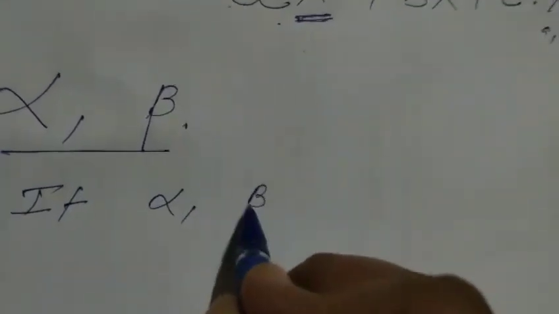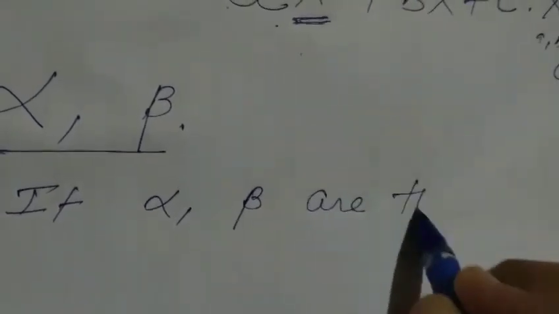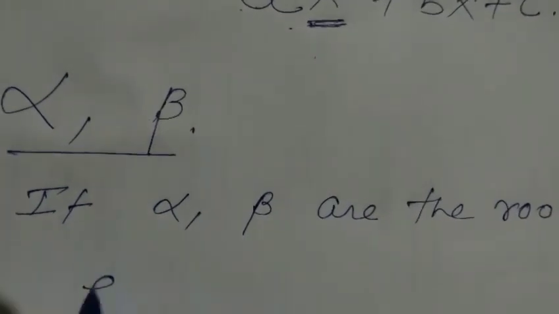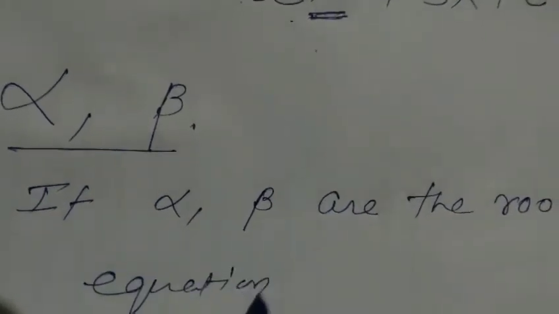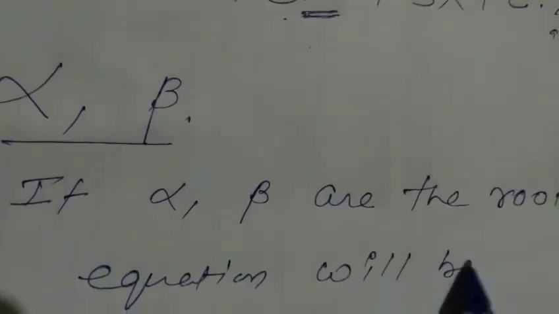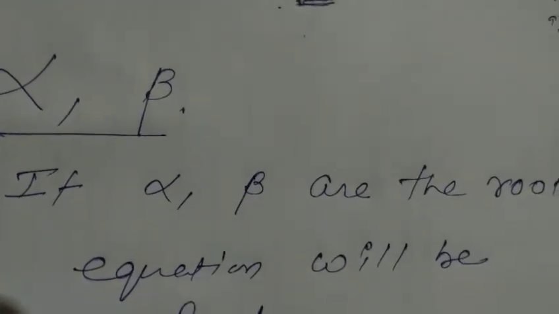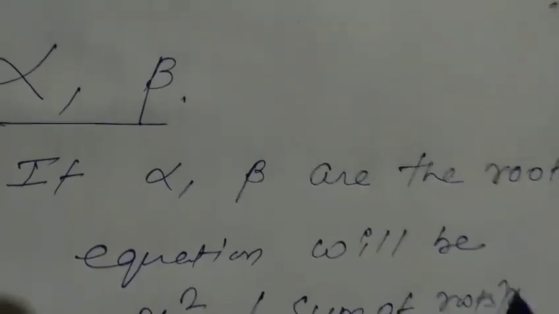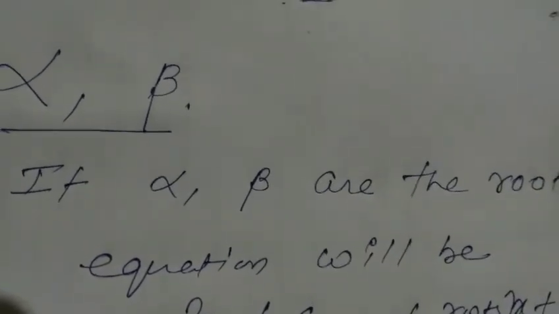First formula. If alpha and beta are the roots, then the equation will be x square minus sum of roots into x plus product of roots.